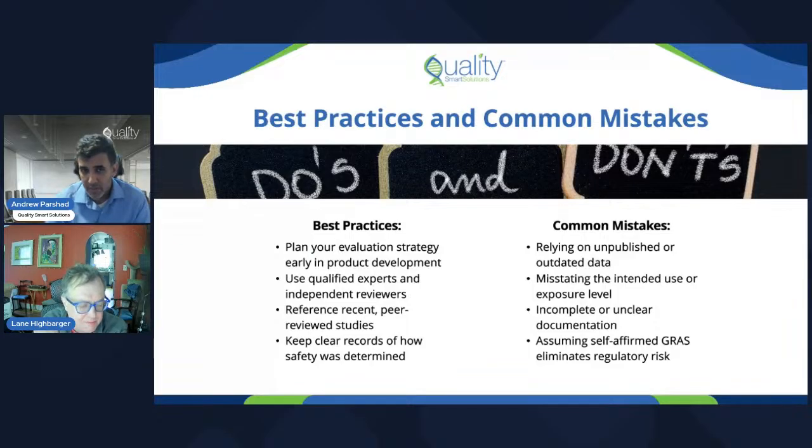So again, best practices: plan your evaluation strategy early in the product development process. One of the things we always do at the beginning is a gap assessment. That's a really, really important step, because that'll pave the pathway of how long it's going to take for you to get a GRAS dossier submitted.